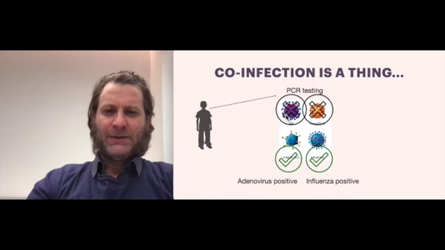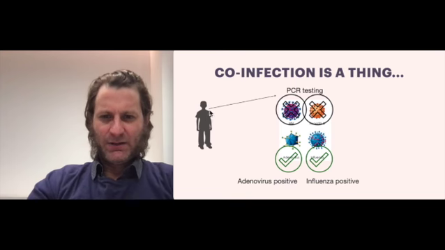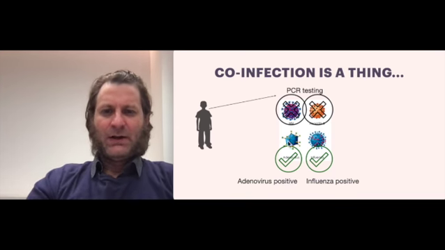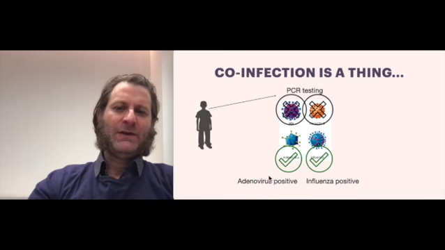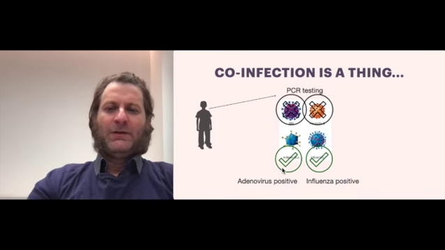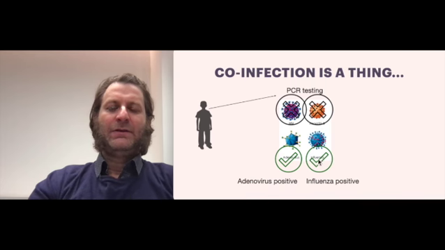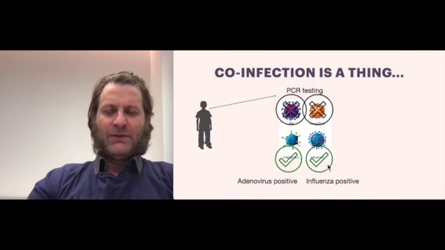Co-infection is also a thing, and it is possible for a sick child, or sick adult, to be infected with more than one virus. For example, this person could be positive for adenovirus and influenza. So co-infection is a thing. Now this could be somewhat confusing, because the doctor may not be sure whether the symptoms were caused by adenovirus or influenza, or a combination of both.